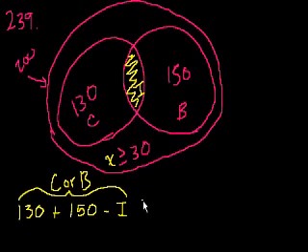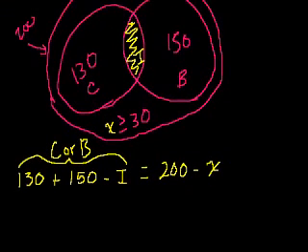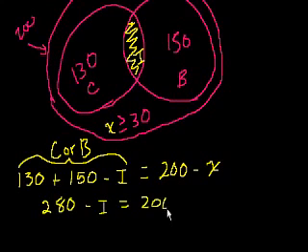And now we know that has got to be equal to, well, 200 minus the people who are in nothing, right? So I'm going to call that X for now. 200 minus the people who are in nothing. And let's see if we can solve for the intersection, which is what they're asking us, in terms of X. So this becomes 280 minus I is equal to 200 minus x.